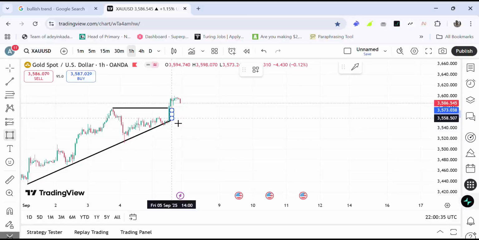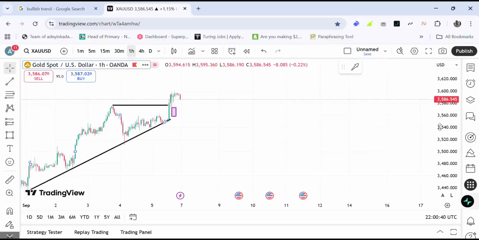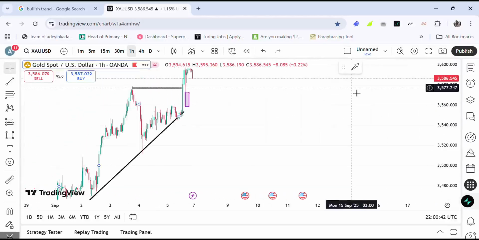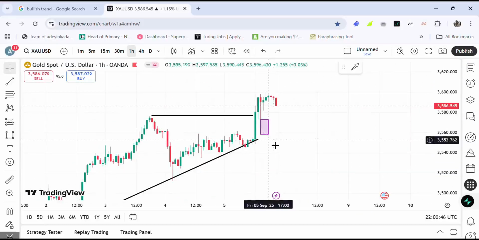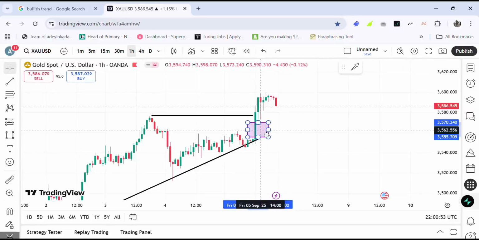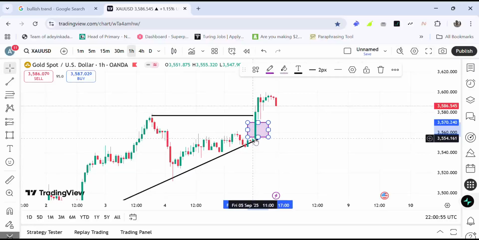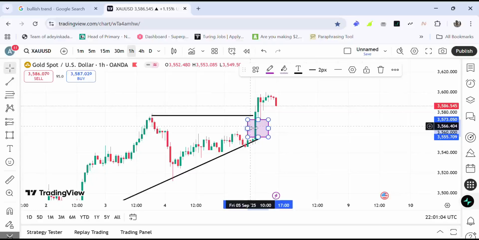We actually have our FVG, which is fair value gap. Let me just make it look bold so that it's what I'm talking about. We have our FVG present already from this. It usually happens within three candles, which is 1, 2, and 3. These gaps, right? So to this zone here, this is where we have our FVG.